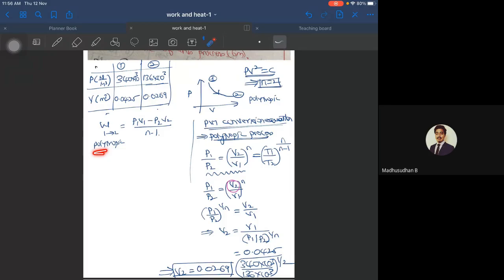There is no difficulty in calculating the polytropic work done, which is P1 V1 minus P2 V2: 340 into 10 to the power of 3 into 0.0425 minus 136 into 10 to the power of 3 into 0.0269, whole divided by n minus 1, in the sense 2 minus 1. So give me the value of work done from 1 to 2 for the polytropic process.